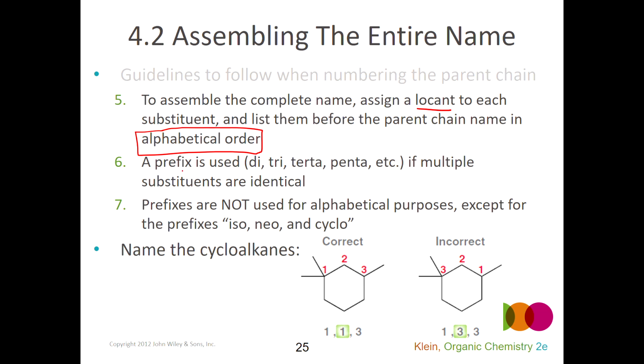For some reason, they decided that if there are certain prefixes, those are going to be used in the alphabetization. But certain other prefixes are not used for alphabetization purposes.